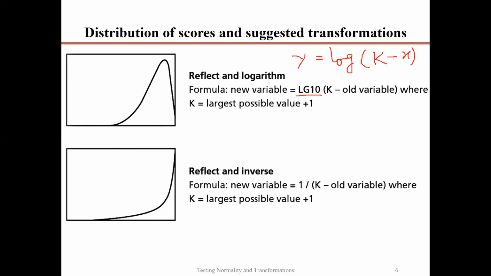If y becomes normal, then we can apply the parametric procedures on y. Otherwise, if y is still not normal, we have to choose another transformation and check the normality of that transformed data again. So it is an iterative procedure.